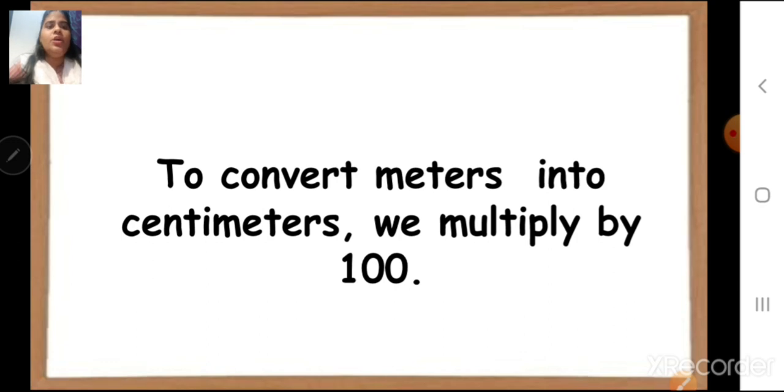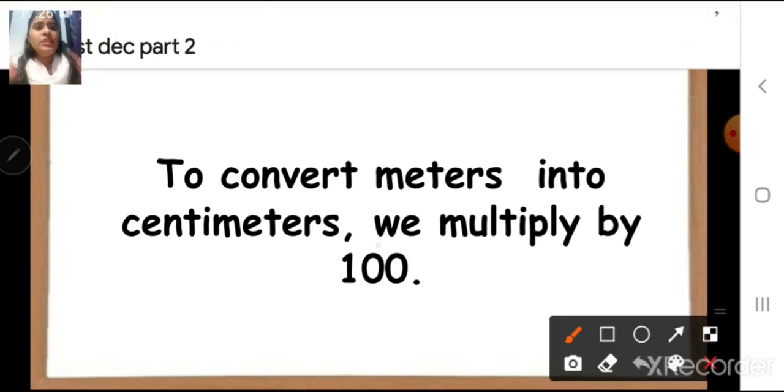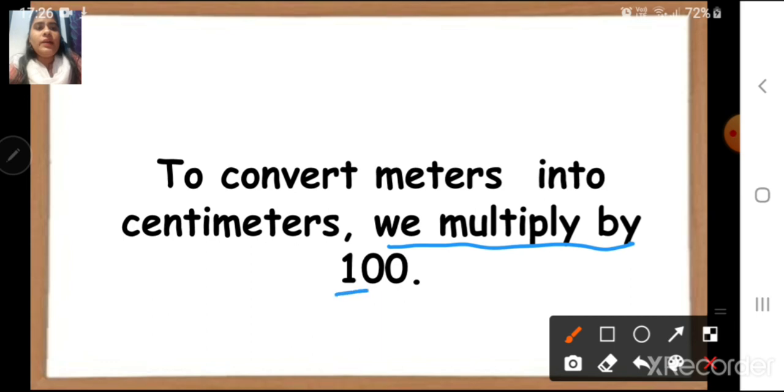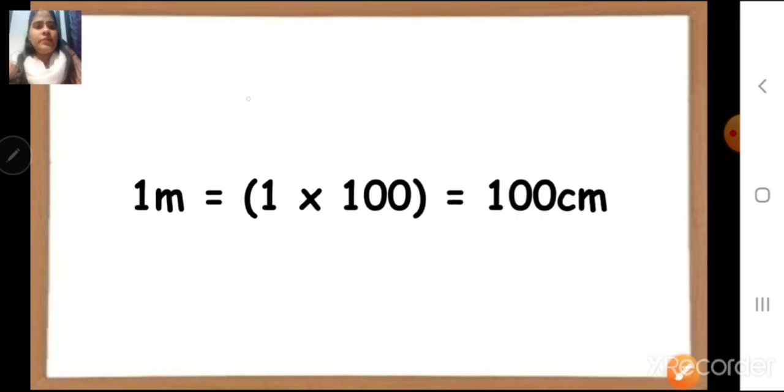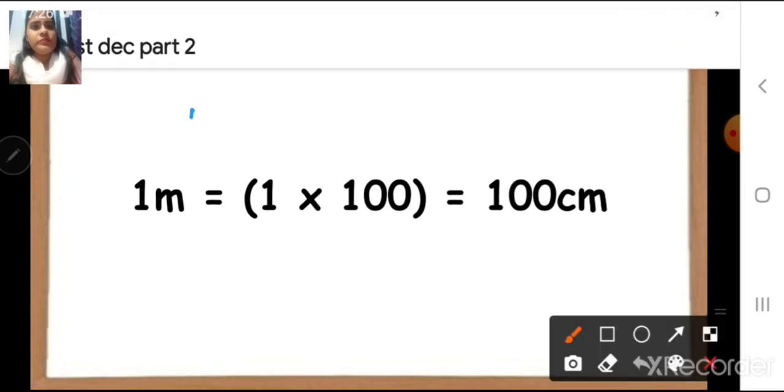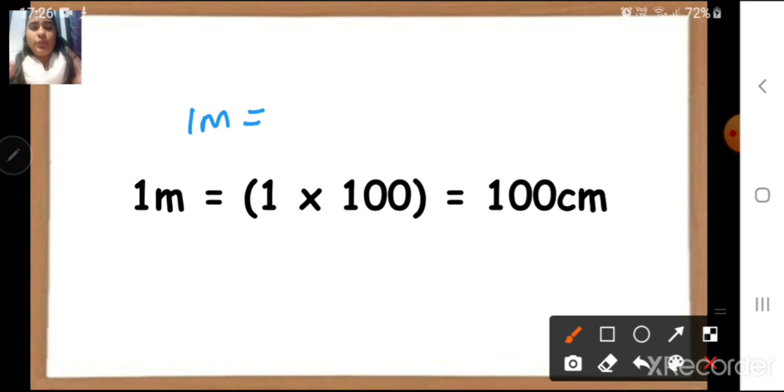Now, to convert meters into centimeters, we multiply by 100. This is very important here. What we do is we multiply by 100. How? This way. See, 1 meter is equal to 1 multiplied by 100.